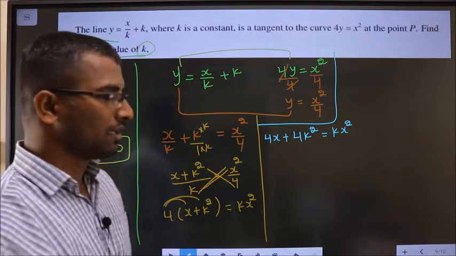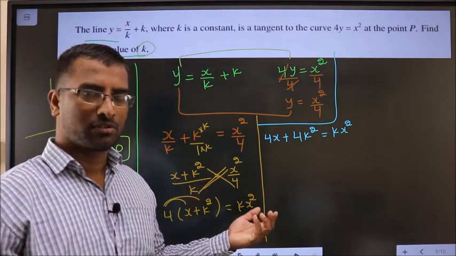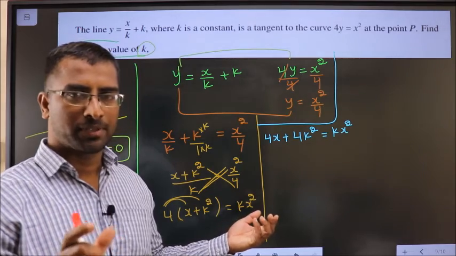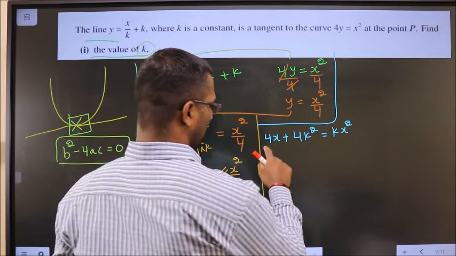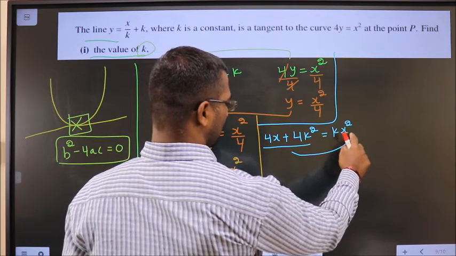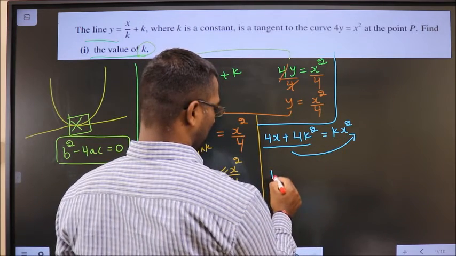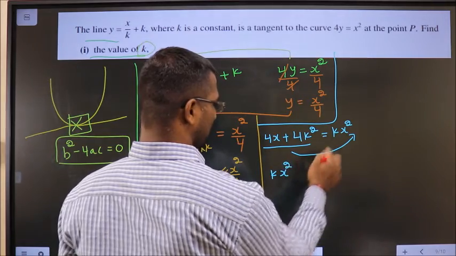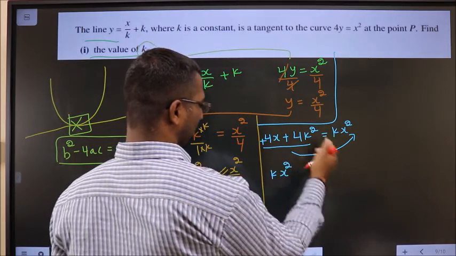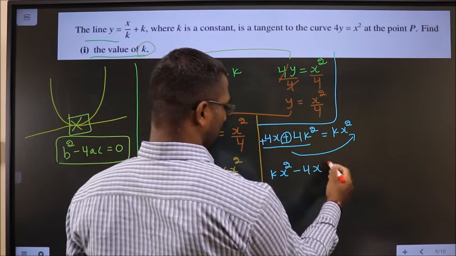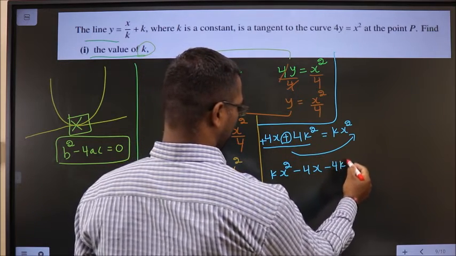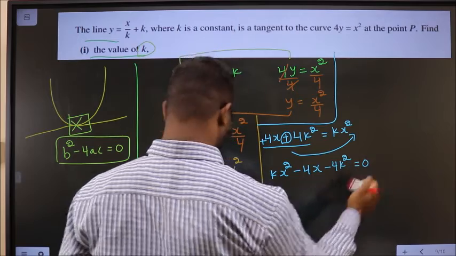Now bring all the terms to one side and write it in proper quadratic form. I shift these terms to the other side. So what do I have? Kx square on this side, here plus 4x after shifting minus 4x, here plus 4k square after shifting minus 4k square is equal to 0.